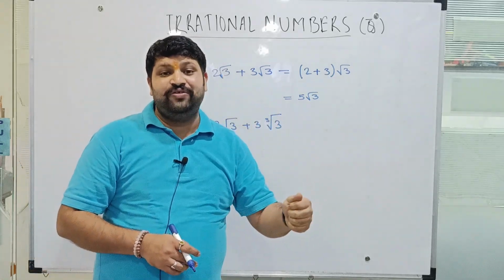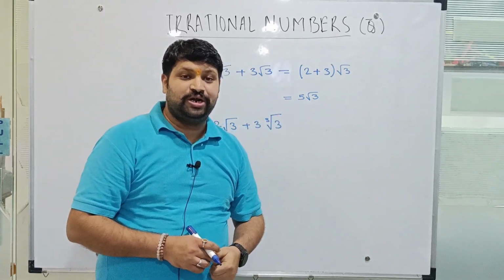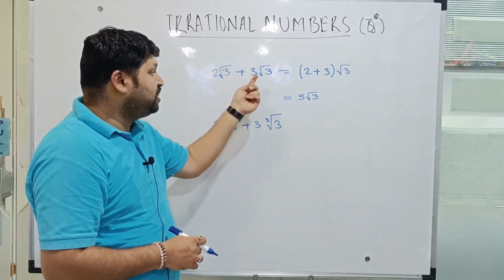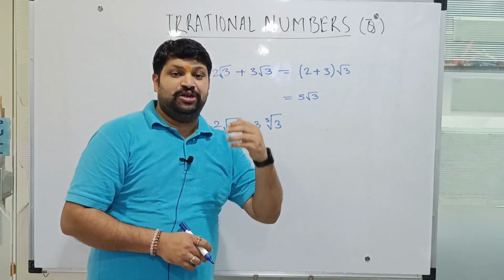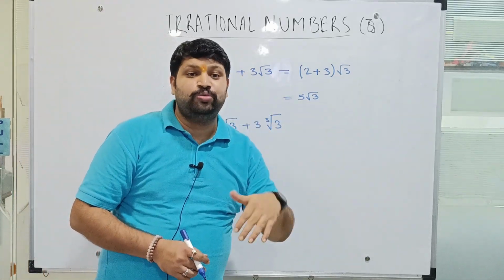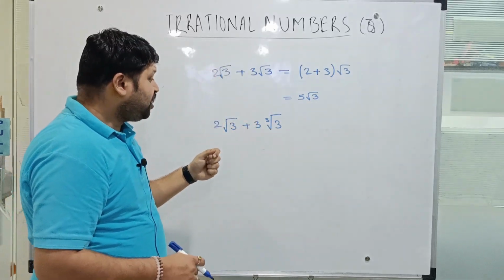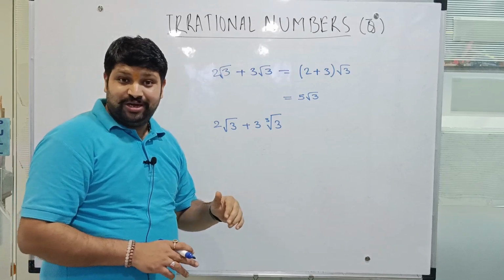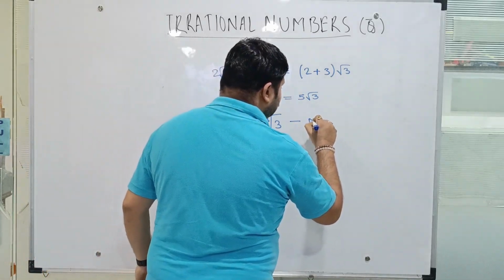So whenever you add or subtract 2 irrational numbers, the first thing that you need to consider is what is the number under the root sign and which root we are using, whether it's the square root, the cube root, the 4th root, or the 5th root. So this is not possible.